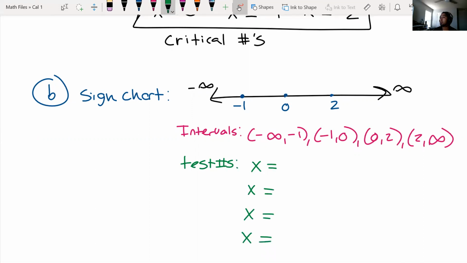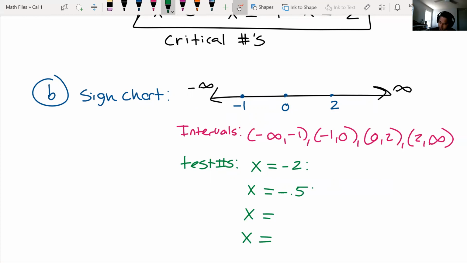All right. Somebody give me a test number from -infinity to -1. -2. Give me a test number from -1 to 0. -1/2.